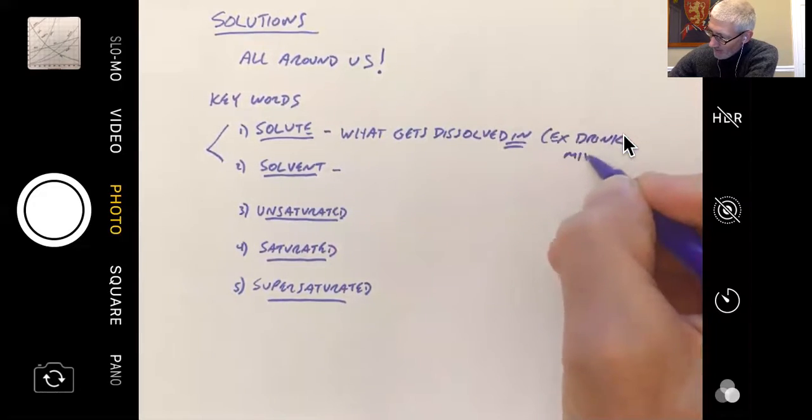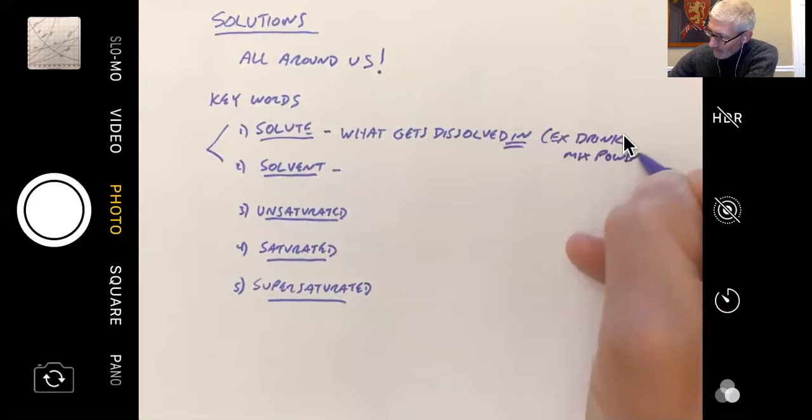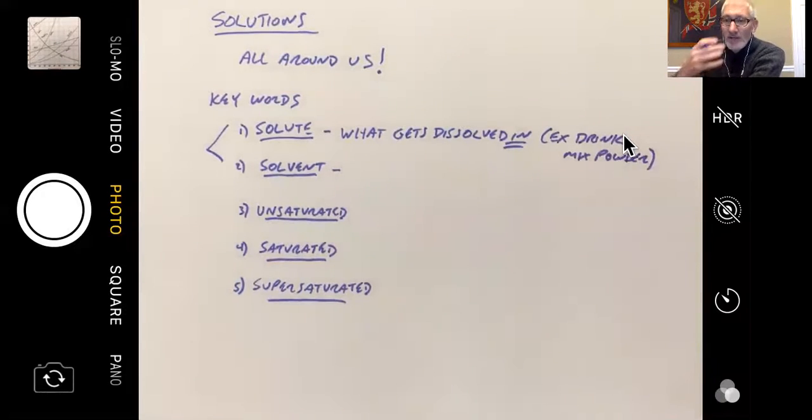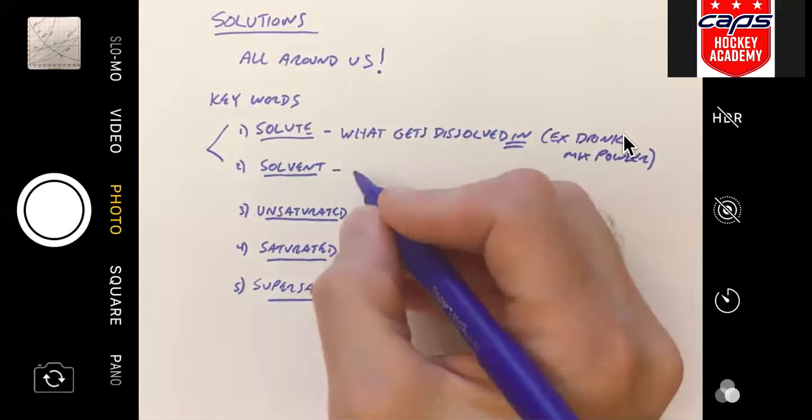If you drink coffee or anything like that, you usually put some sugar in it. So the sugar would be the solute. It's whatever you put in to dissolve it. So if that's what the solute is, Dylan, then what's the solvent in our Gatorade example? Water. Yep, exactly.